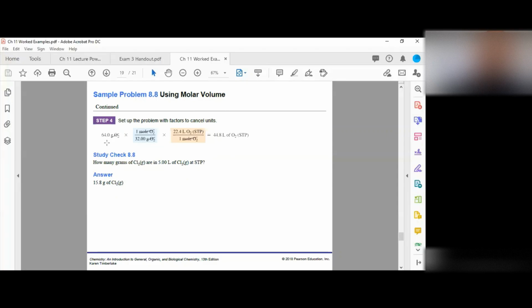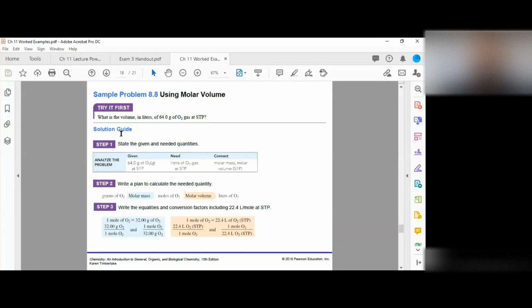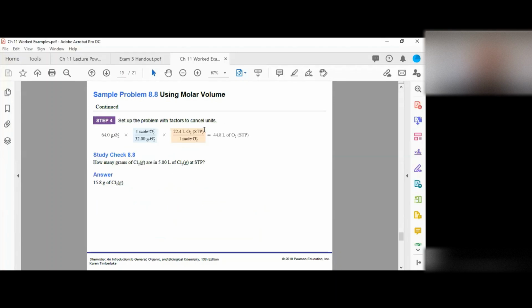So from mass, I use molar mass to get the moles, and from moles, I use the molar volume to get the liters. So if this approach is confusing, you could just simply use PV equals nRT for this question. PV equals nRT. And you should get the same answer, which is 44.8.